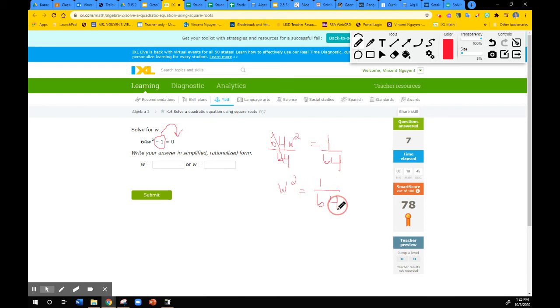Now, we know we're going to be taking the square root on both sides, so we're going to end up with plus or minus, two solutions, the square root of 1 over 64. Well, this is not too bad. You just take the square root separately, and our number is positive, so we're all good. So the answer is plus or minus the square root of 1 over the square root of 64.